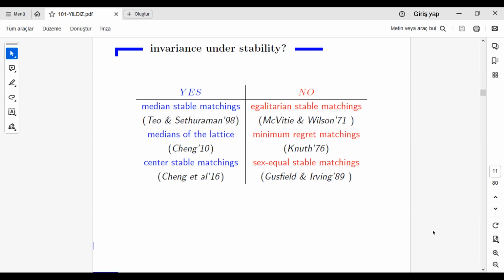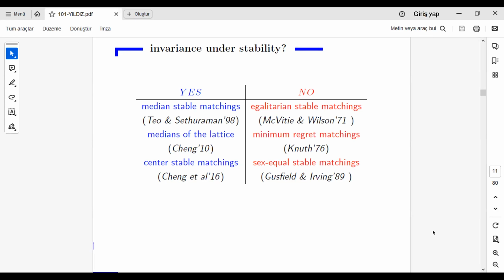So the lower the rank, the better off that agent is. The solution of this optimization exercise gives us the so-called egalitarian stable matching, for example. It's an example of an attempt which fails this invariance under stability condition.